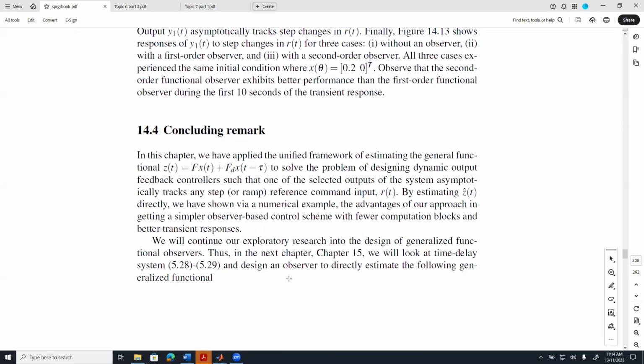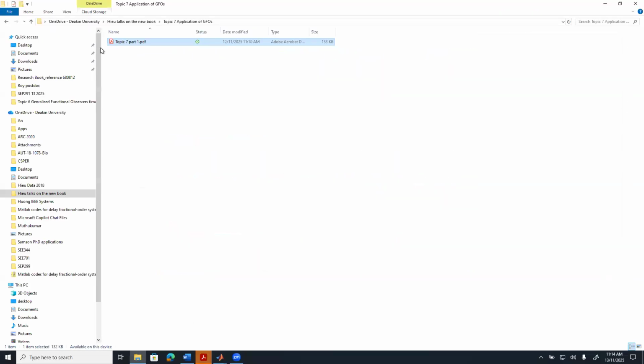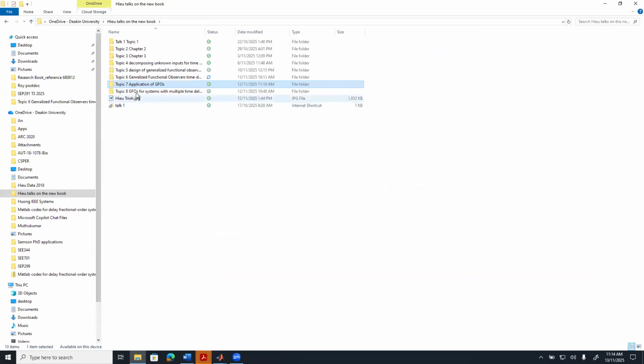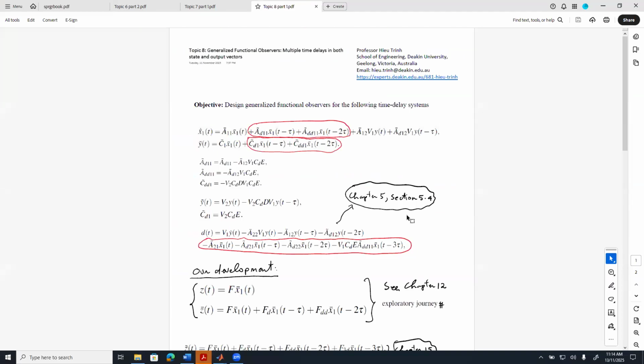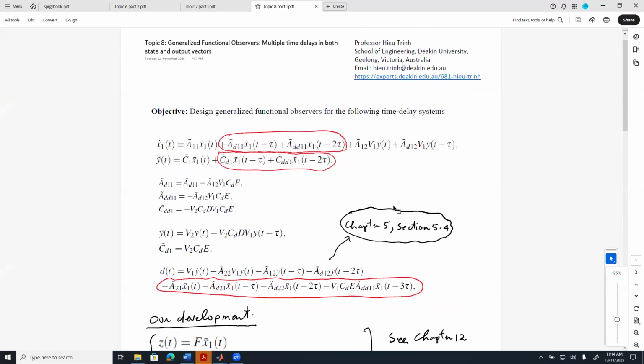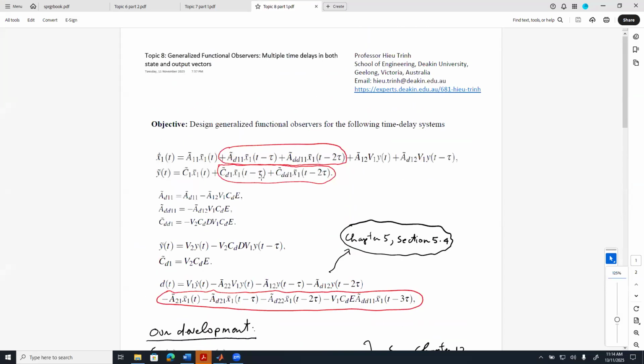Okay, so as you can see, we undertook an exploratory research into the design of generalized functional observers, and later on we will look at the problem of design in the next topic, where we're going to discuss the design of generalized functional observers to estimate a wider class of time delay systems.